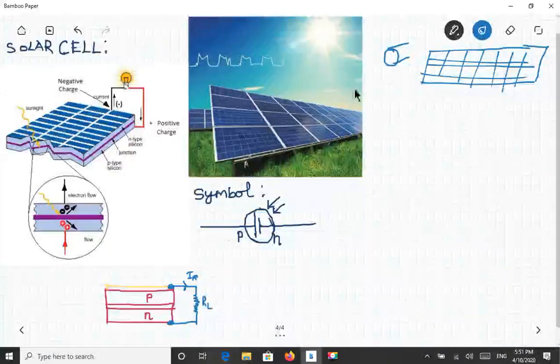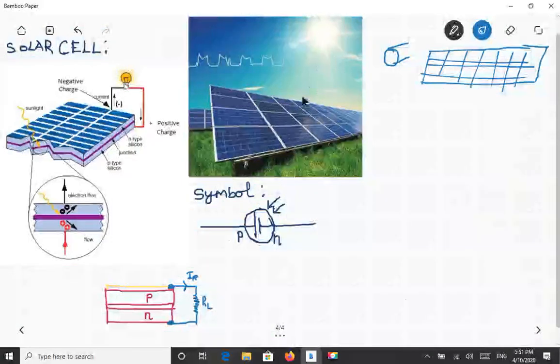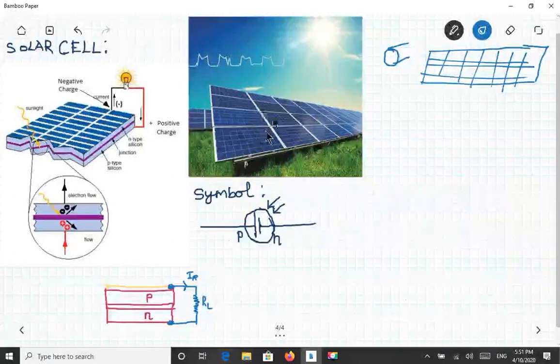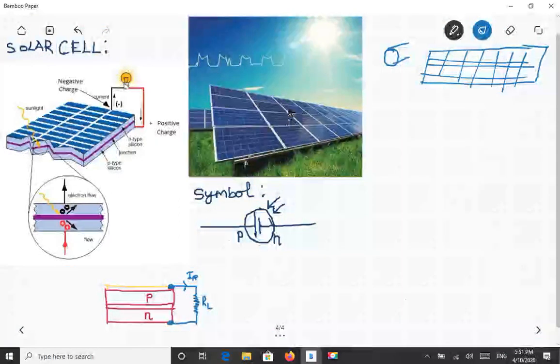You all know what is meant by solar panel and why it is used instead of lignite, hydroelectric power, thermal power station or nuclear energy. The solar way of generating electricity is the safest, because the sun is free.